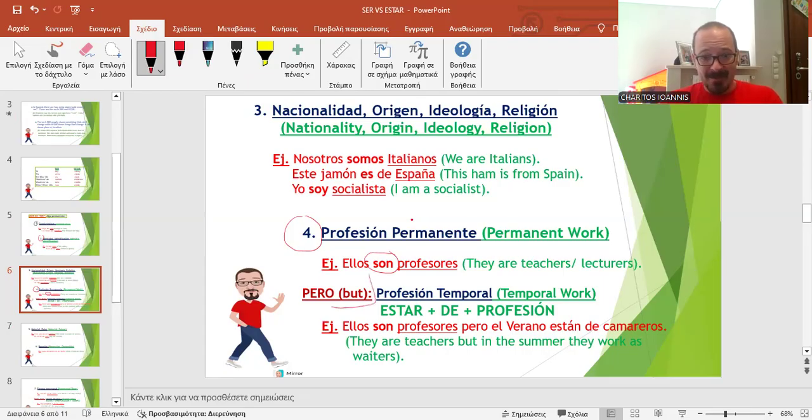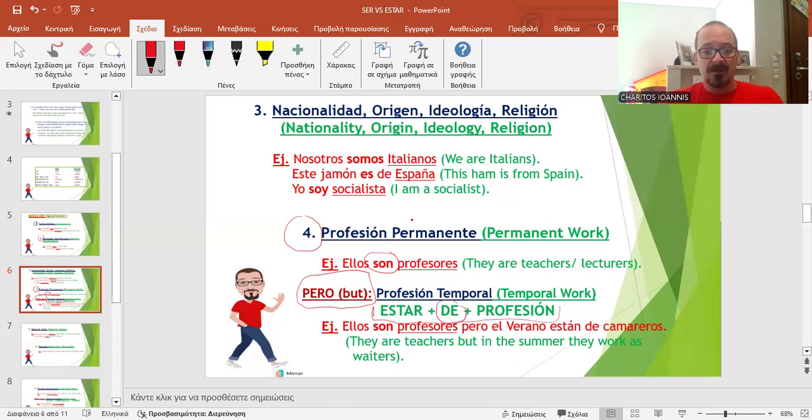But guys, be very, very careful, because very often we also have profesiones temporales, temporal works. If this happens, I can't use ser. I must use this nice structure, estar, el verbo estar, plus the preposition de and the job.